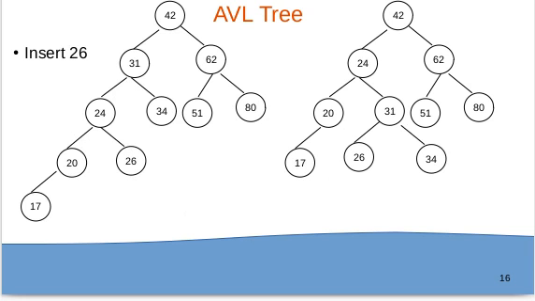Now we will rotate this from 31. So 24 will be here, 31 will be the right child of this, 26 will be the left child of 31, and 20 and 17 are as they are, left child of 24. So this is the final AVL tree after inserting 26.